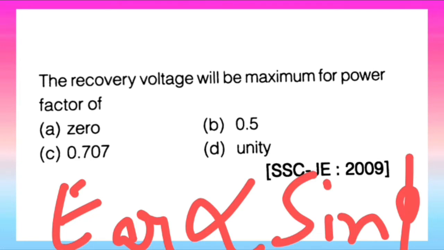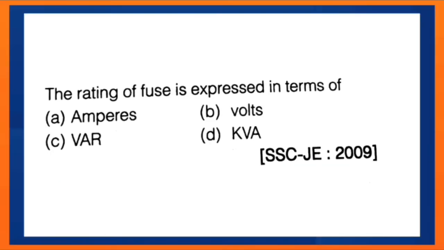Okay. So next question is: the rating of fuse is expressed in terms of, and options are ampere, volt, VAR, kVA. Correct answer is ampere, option A. Fuse is a device inserted in the circuit for prevention from overload or short circuit condition.